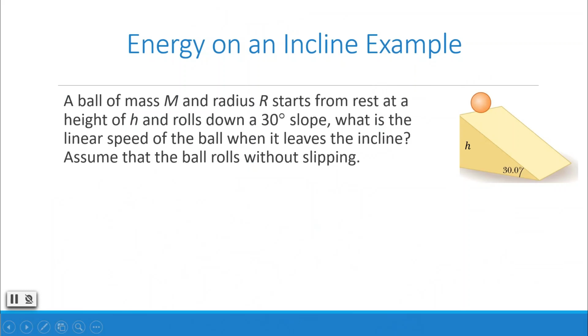Now, we can also analyze rolling on an incline by taking a look at energy. If we're not looking specifically for acceleration, but wanted to instead find how fast a ball is rolling at the bottom, or which ball is going to make it to the bottom first, the solid sphere or the hollow sphere, we can use energy.